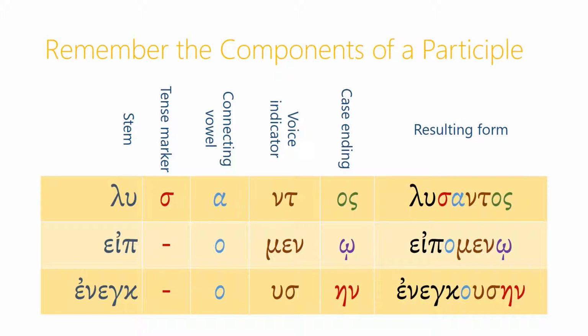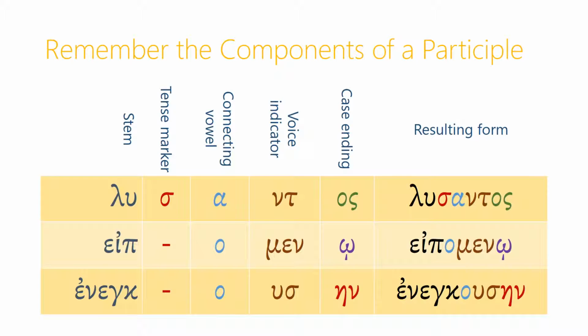If you remember, there are several components that make together a participle. There's the stem, the verbal stem, which is sometimes followed by a tense marker. Often with the aorist it was a sigma. Then there's a connecting vowel and a voice indicator, which is unique to participles, indicating whether this participle is an active or a middle passive voice.